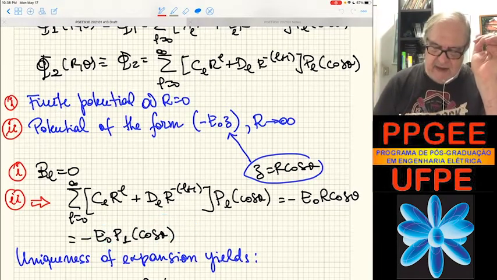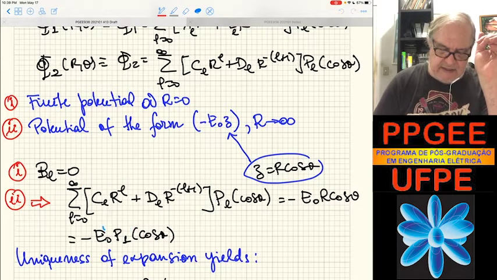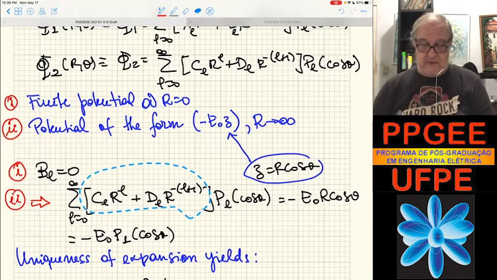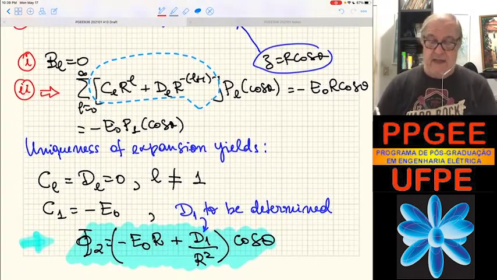So the L equals 1 term here is equal to that one, which is minus E0, and L not equal to 1 gives 0. So we have another condition.